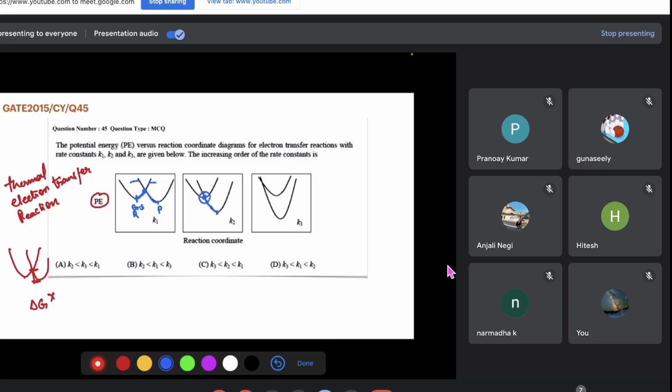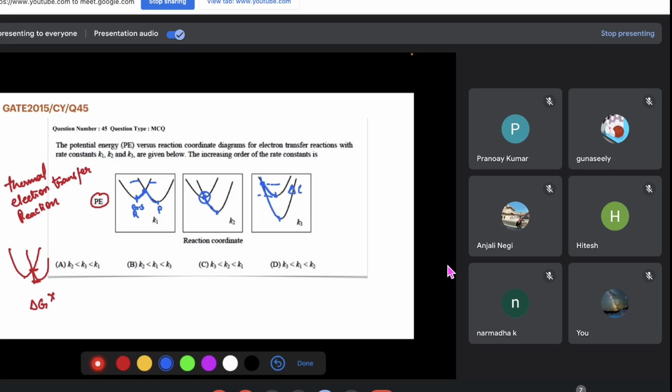It can do the electron transfer right here, because the two curves intersect where the ground state of my reactant is present. So from here my reactant will get excited, and my electron can jump at this intersection of the two potential energy curves and get relaxed to the product side.